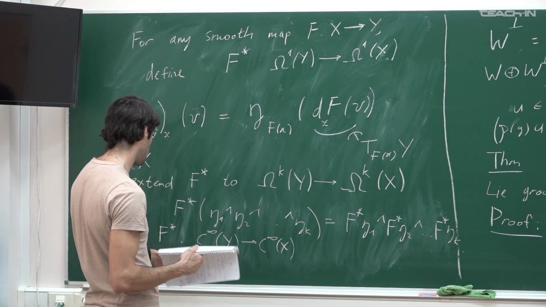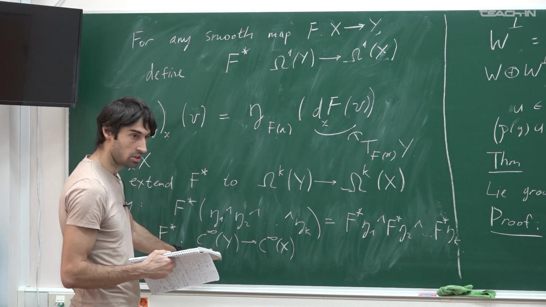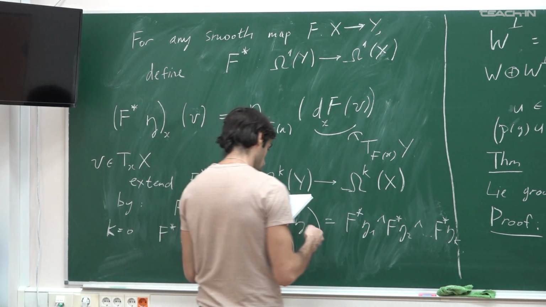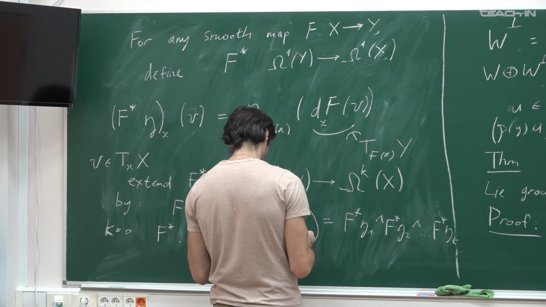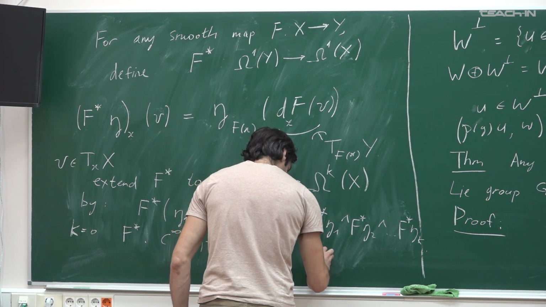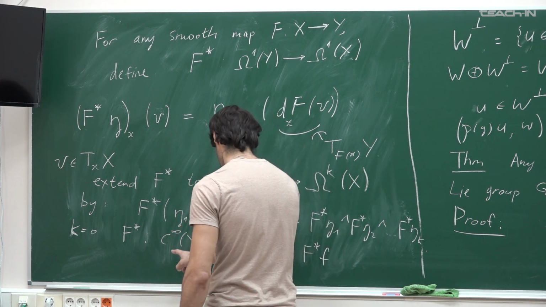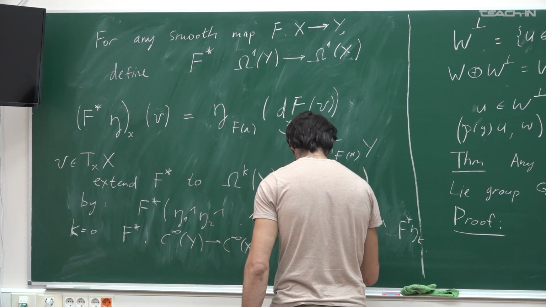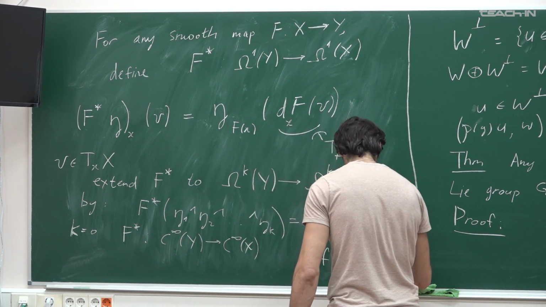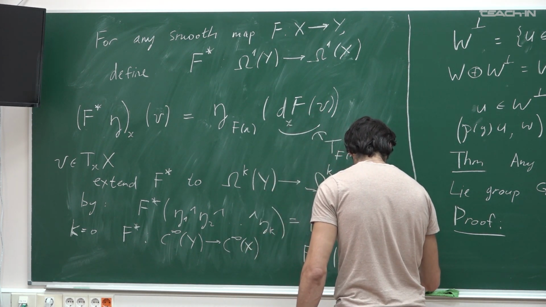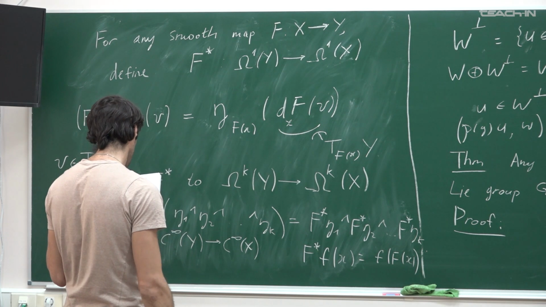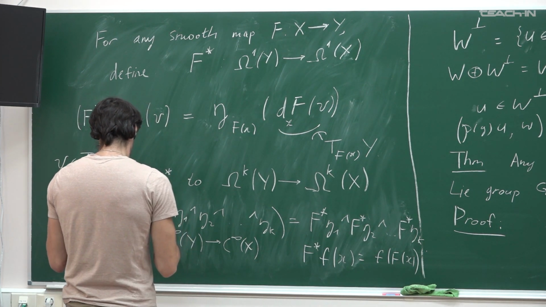You just take your map from here and compose it with f, and that's it. So then we define f star of a function g at x as just g of f of x. That's it.